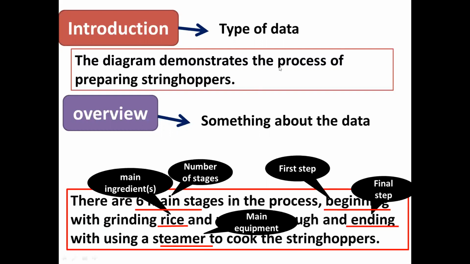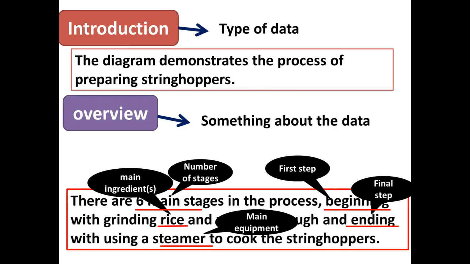So you start with the introduction followed by the overview and then go on to write about the stages. It's not actually necessary to write the overview immediately after the introduction. It could even come at the end, like your concluding sentence.